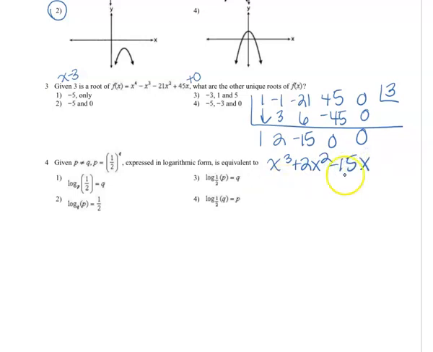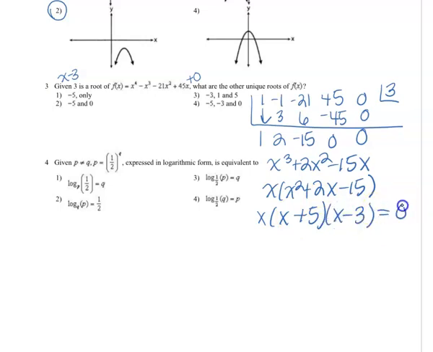Okay, so now I see a GCF of x, and then some AM factoring. Alright, now it's looking for roots. So I set this equal to 0 and solve. It looks like my roots are 0, -5, and 3.